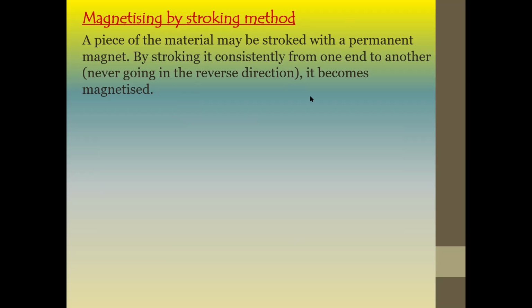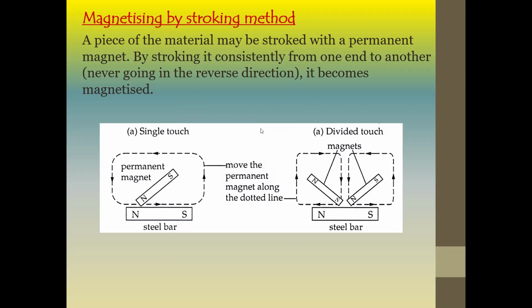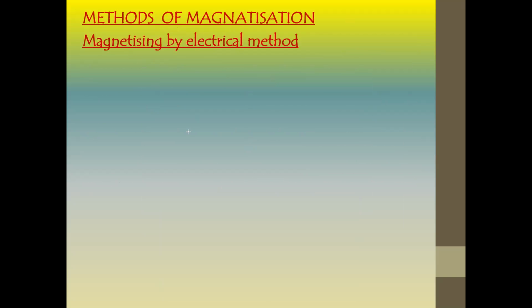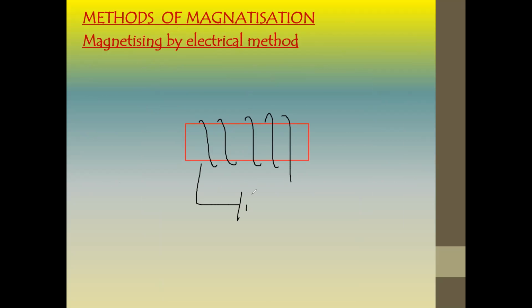To make a permanent magnet we cannot use iron. For example, if a student is using a piece of iron and passing a DC or direct current, this current produces a magnetic field.